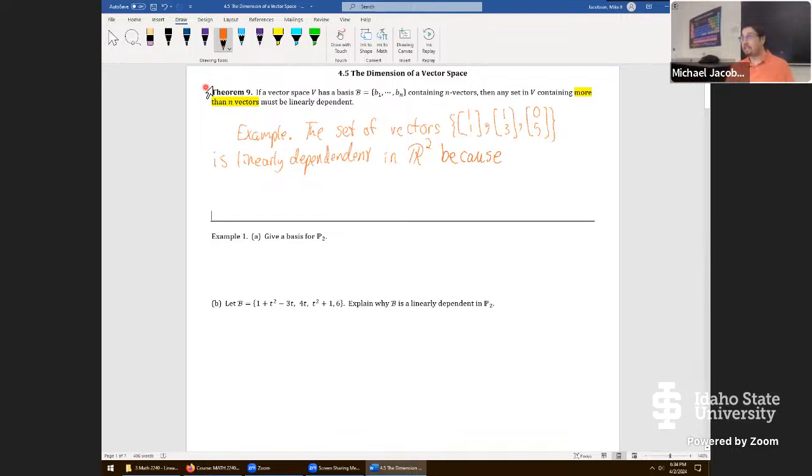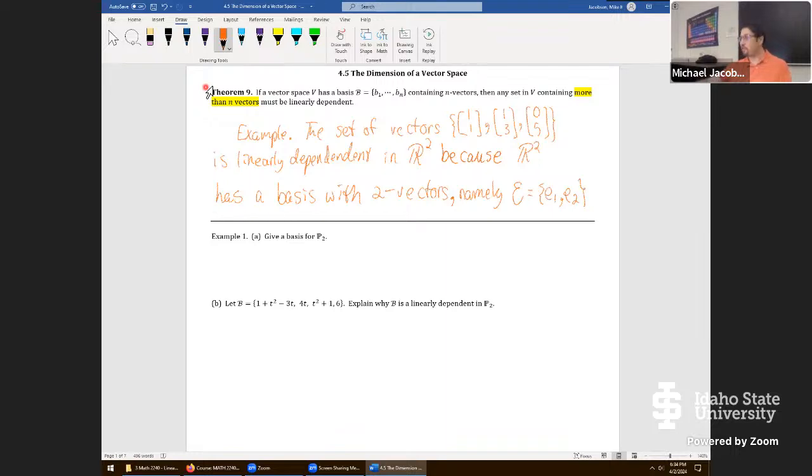Those three vectors are automatically linearly dependent because R2 has a basis with two vectors. Well, it has infinitely many different bases with two vectors, but let's name this one. Namely, E, we're giving the standard basis, which is E1, E2.